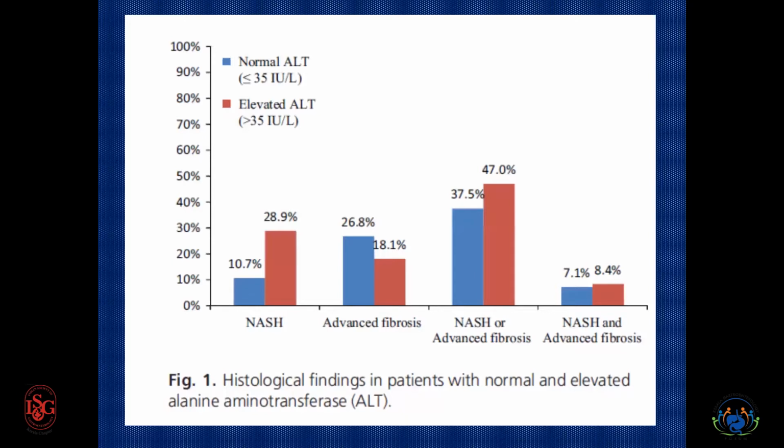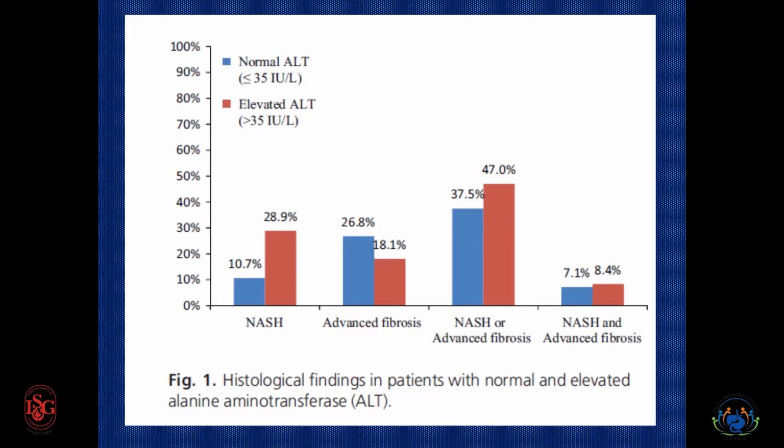Let's see, this is a study in which people have done biopsies in persons with normal ALT and elevated ALT, and found that 10.7% of people with normal ALT had NASH, whereas 28.9% of those with elevated ALT had NASH. And these are biopsies in persons with normal ALT, which I think many ethics committees would not have agreed to.